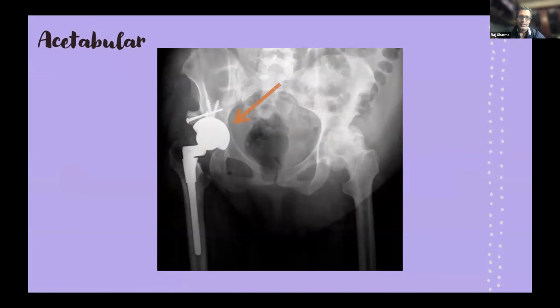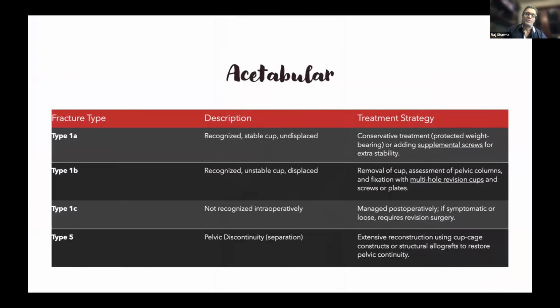On the acetabular side, you can also get some fractures, and these are typically categorized within recognized, non-recognized, and then pelvic discontinuity. So if you recognize it during the case and it's stable, you can treat it with adding some supplemental screws and then protect weight bearing. If you recognize it and it's unstable, you have to take the cup out and revise it to a multi-hole cup and add some extra screws and some fixation.